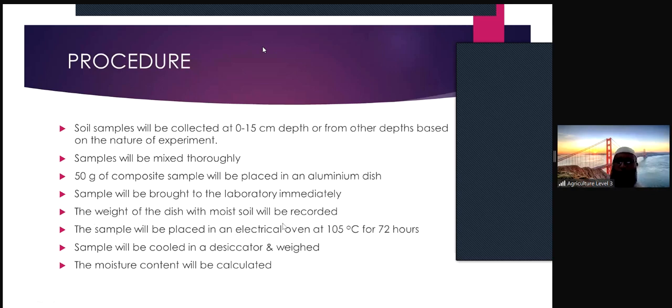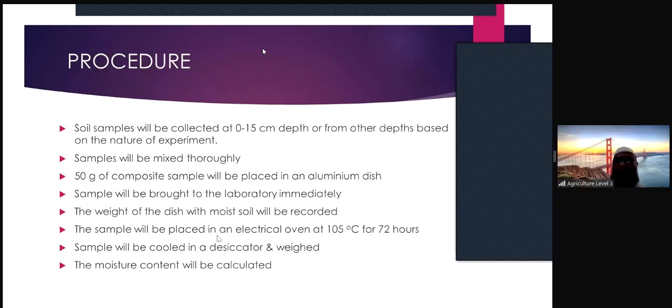And then we need to take the weight of the dish with moist soil. So we have got an aluminum dish which has got its specific weight. Then we need to put our wet soil in it, what soil we have collected, and take the weight of aluminum dish plus moist soil.